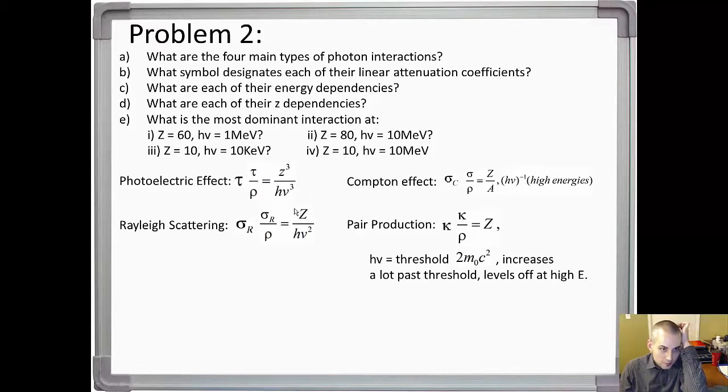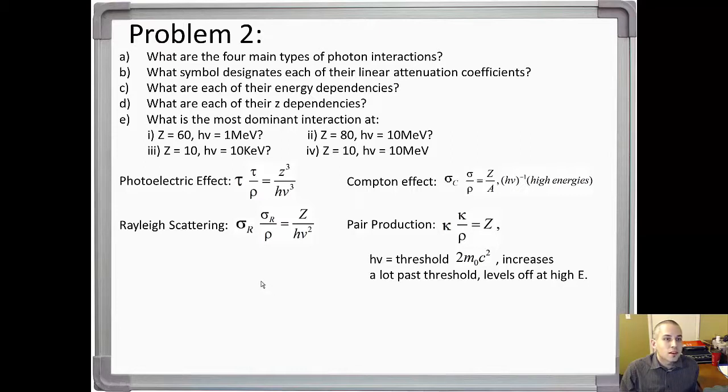For Rayleigh scattering, proportional to the atomic number over energy squared. Compton effect, proportional to Z over A, and then 1 over hv at high energies. Pair production, proportional to Z, the atomic number. For hv, there's a threshold at 2 m0 c squared, 1.022 MeV. It increases a lot past this threshold, but then eventually it starts to level off at high energies.